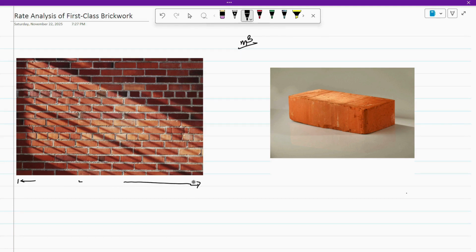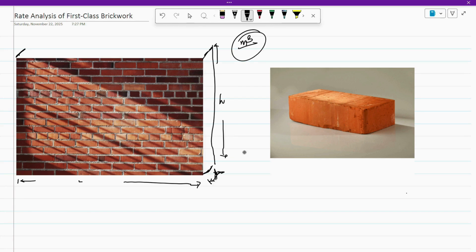You will measure the thickness. The thickness is not shown here, so let's say that the wall is thick like this. And then you will measure the depth or the height of the wall. So this is B, and this is H. So length times breadth times height, you will get the quantity in meter cube.